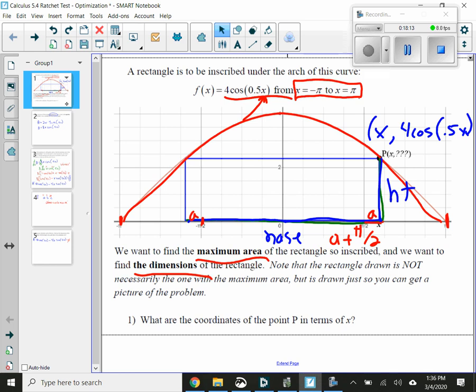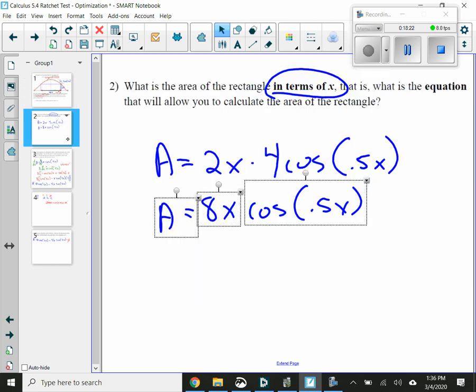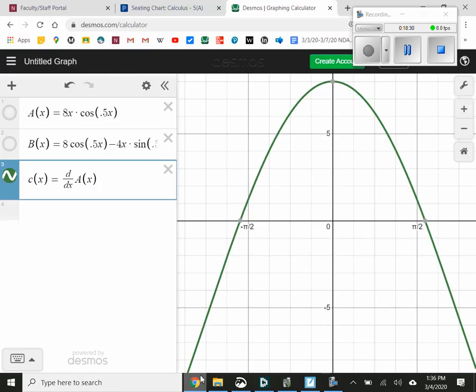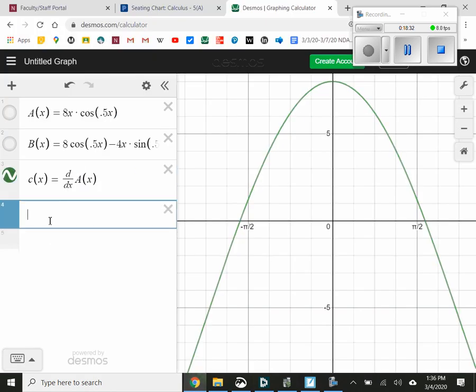And now to go back to my problem, I want to find the maximum area. Okay, well, I have a formula for the area. The area is that right there, isn't it? So I think I'll just go back to Desmos here, and I'll say I would like A, well, no, it needs to be a capital, so capital A of 1.721, and it tells me it's 8.98.